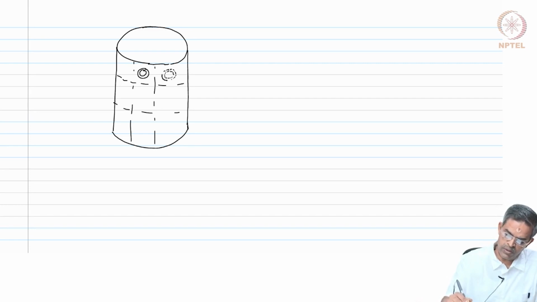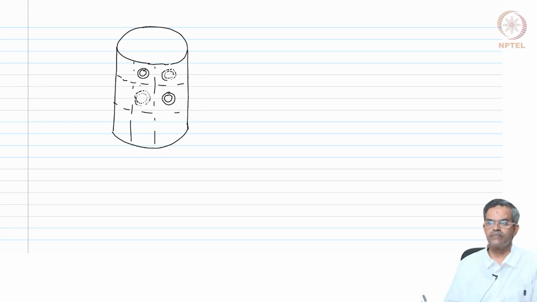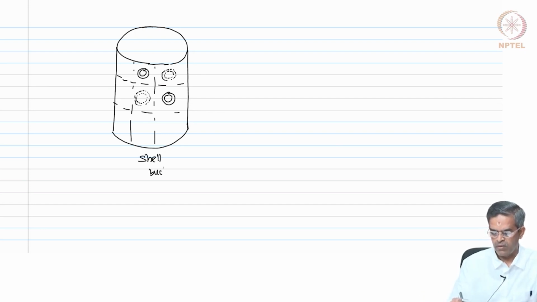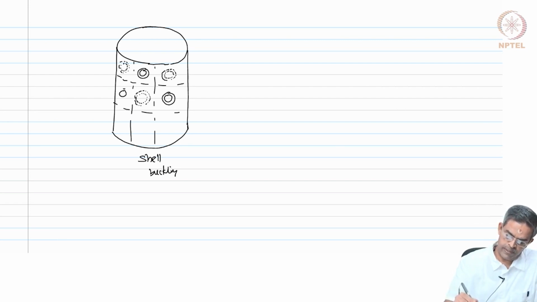I am showing the positive ones as firm lines, and the negative ones as dotted lines. So, this form of failure is called shell buckling. They generally form a pair, they generally occur alternatively.